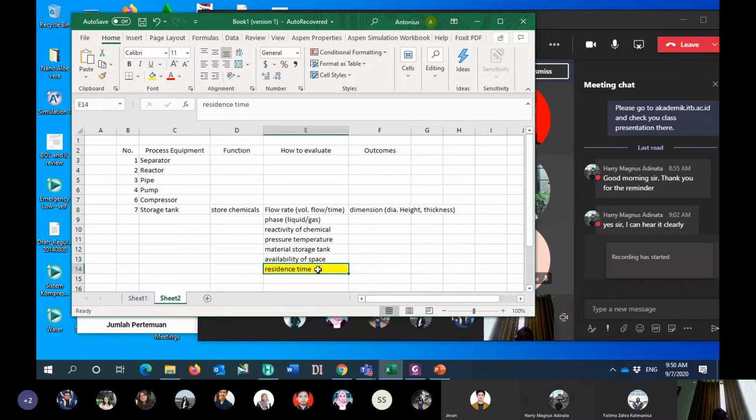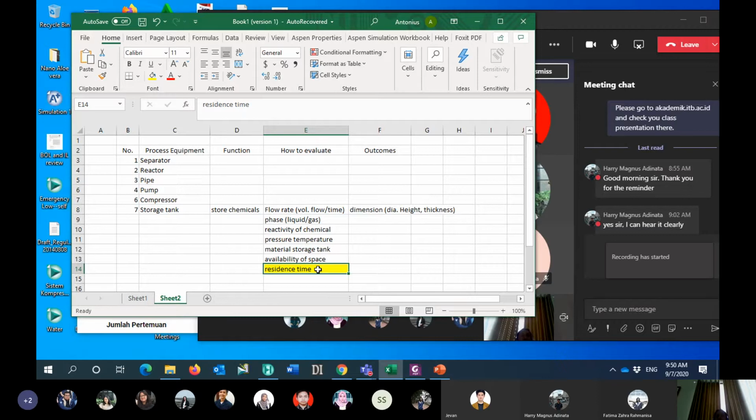So in this case, there are many parameters you have to deal with. The important thing you have to understand is the correlation that connects the process parameter to the outcome of the unit. For example, to connect the flow rate with the dimension, you need the correlation of residence time. If you want the thickness as the outcome of your storage tank, you need the pressure, so you need the correlation between the pressure and the thickness.